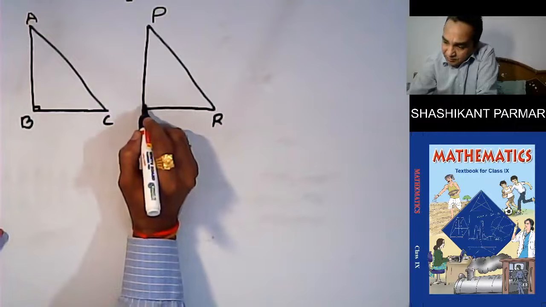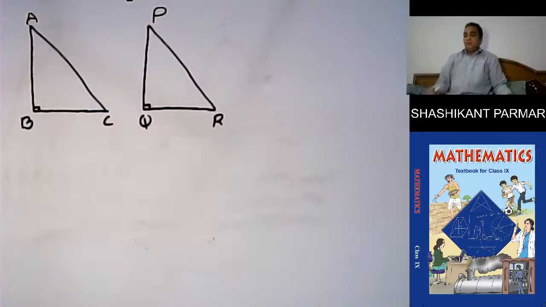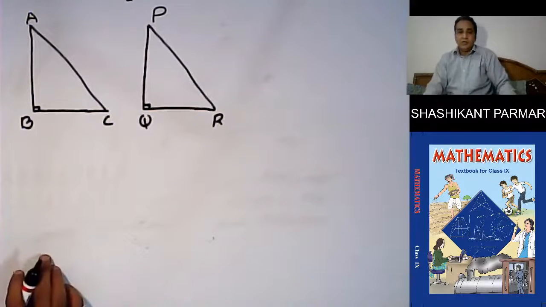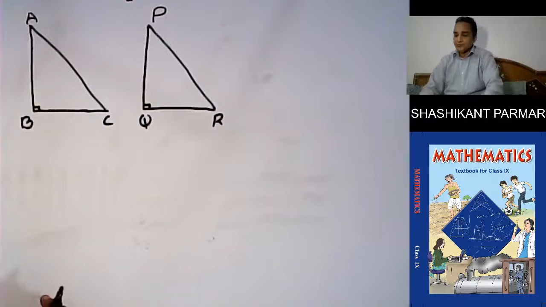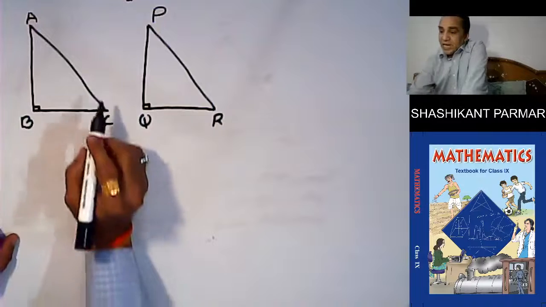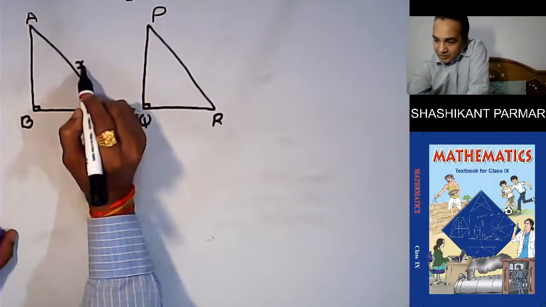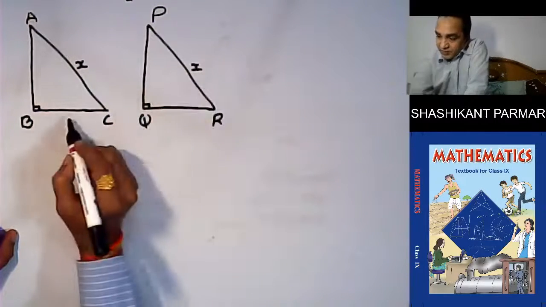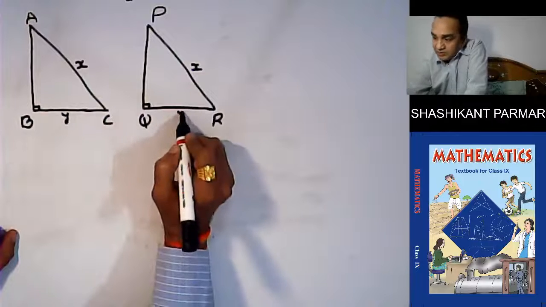Angle B is a right angle and angle Q is a right angle. Now the hypotenuse is x, here is x, and one side is equal, this is y.